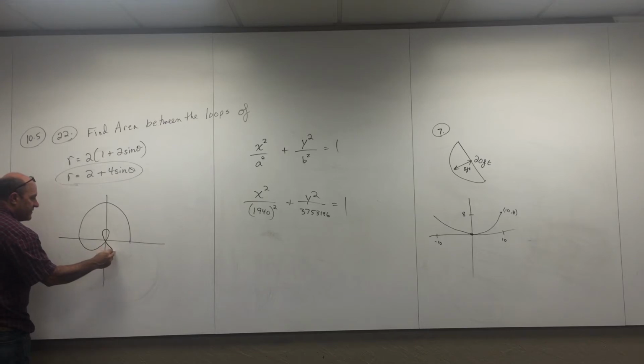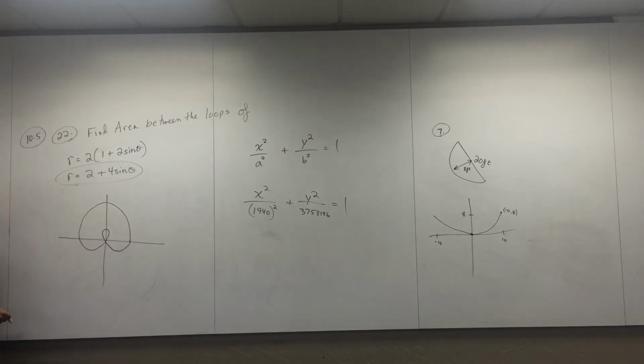You even see the inner loop? Yeah. Sometimes the inner loop's so small your graphing calculator doesn't draw it too well. So that's a rough picture of it. But again, I would use my graphing calculator to help me get an idea, and then I'd kind of blow it up on paper is what I would do.